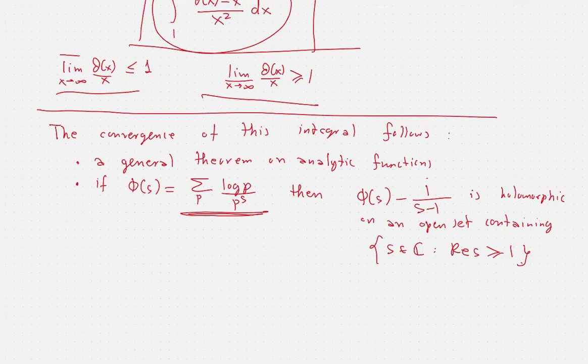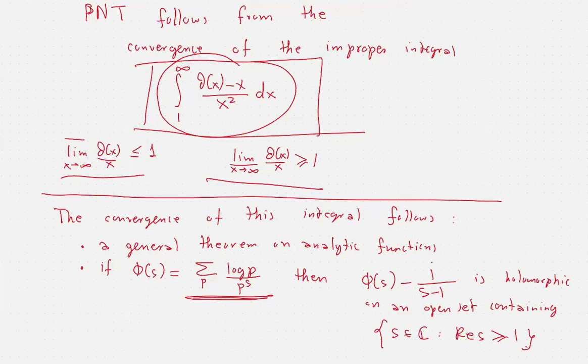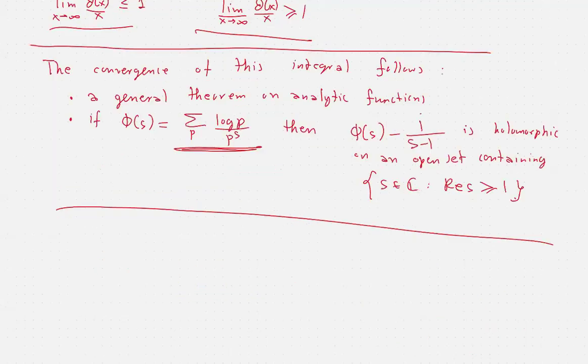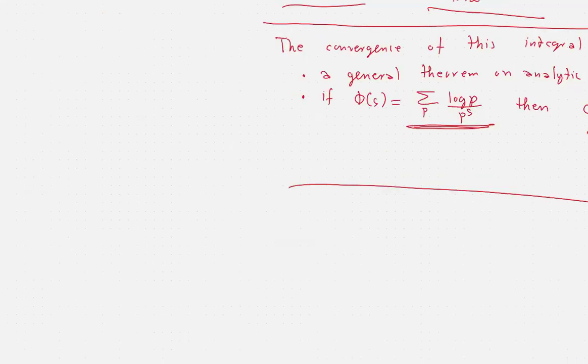So the question is, how do you analyze the behavior of this function? To analyze it, one can show that this function is very closely related to the zeta function.